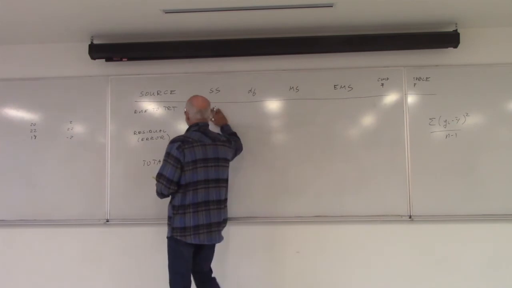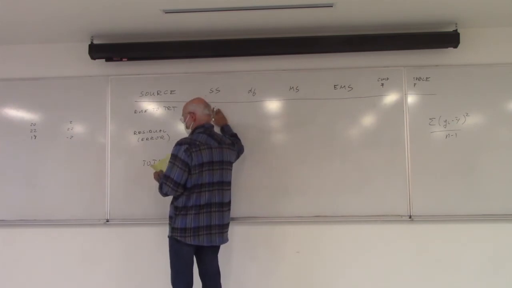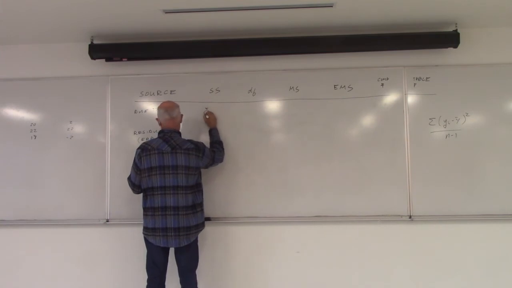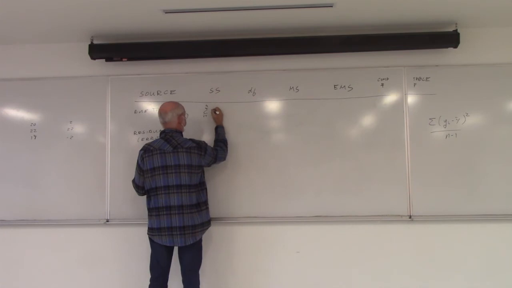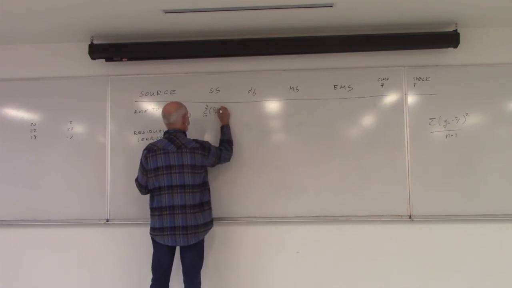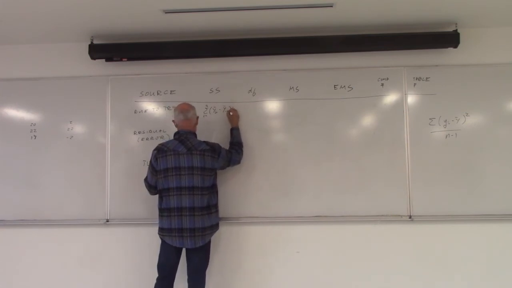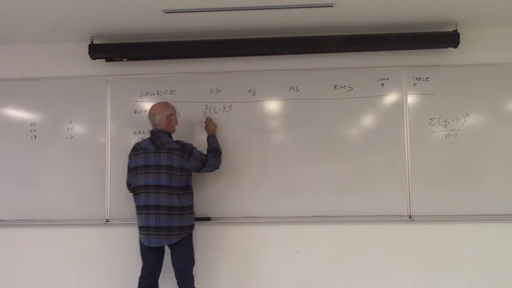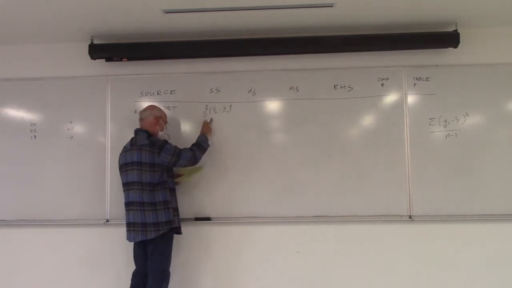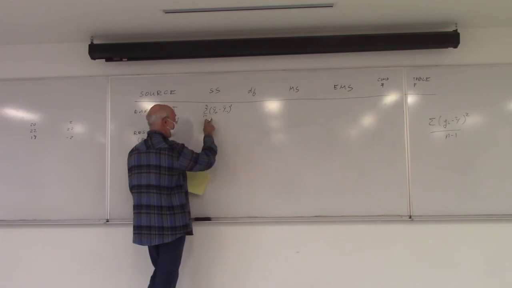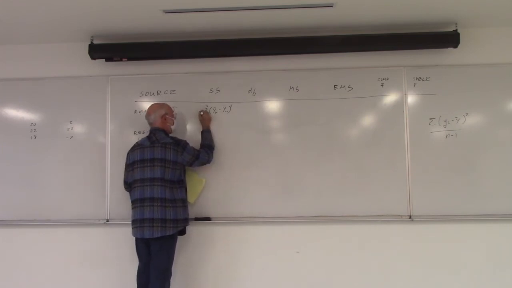So the sum of squares due to treatment is going to be the sum from i equals 1 to a, there were a treatments, of (y i dot bar minus y bar dot dot) quantity squared. But I have that for each treatment, so I've got to multiply that times n.